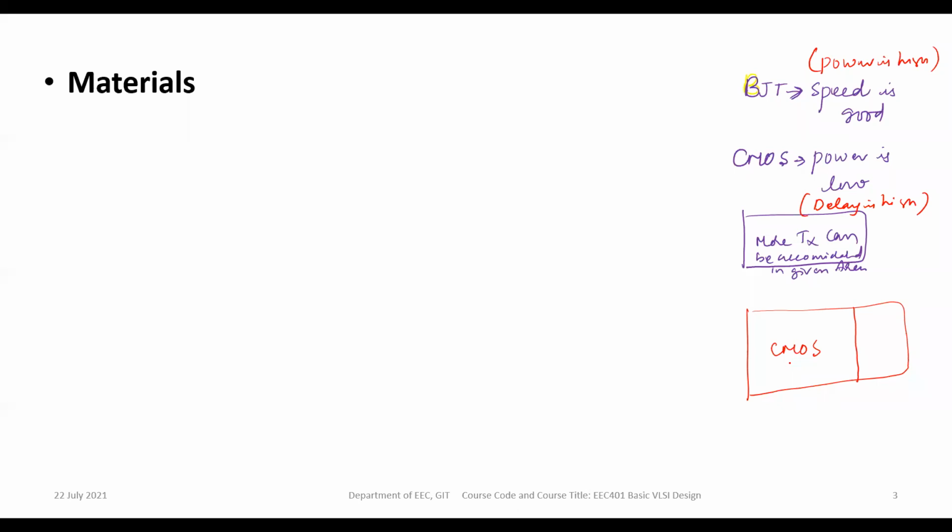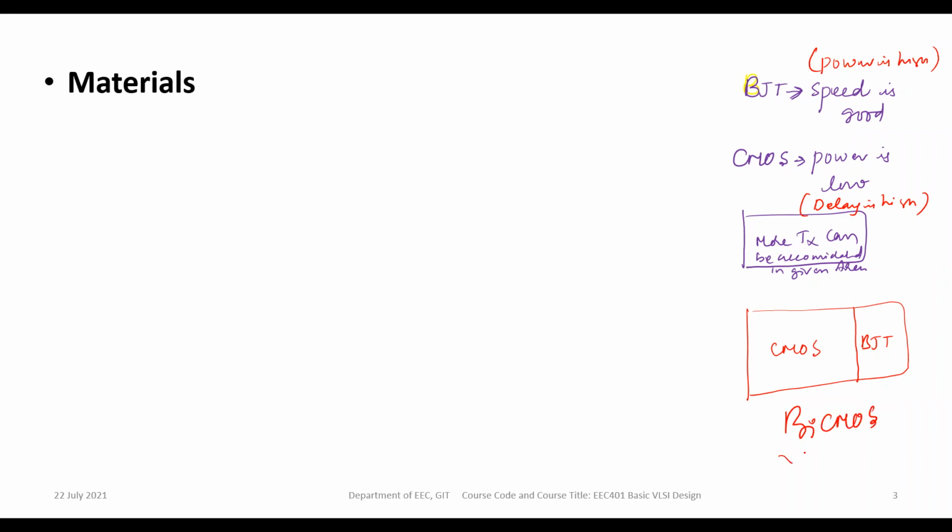But in order to increase the driving capability or the speed of the circuit, I'll use bipolar junction transistors at the necessary corners of the IC. So to increase the driving capability, at that place I have to use bipolar junction transistors. For implementation of the circuit, I use the CMOS. That is what the BiCMOS technology is all together.